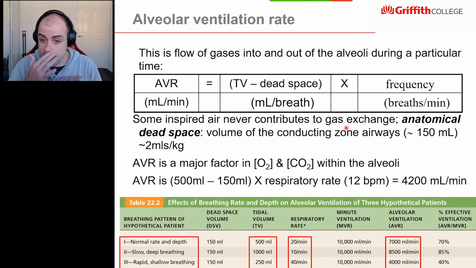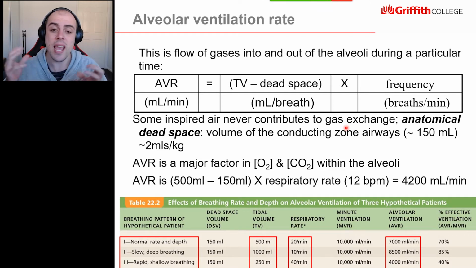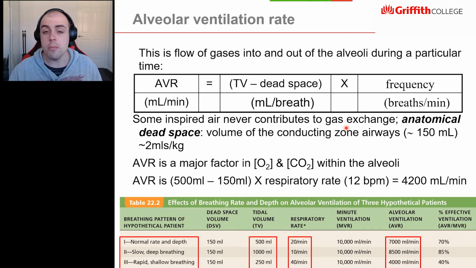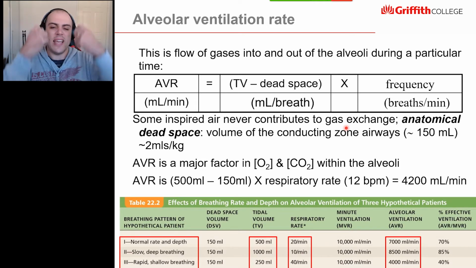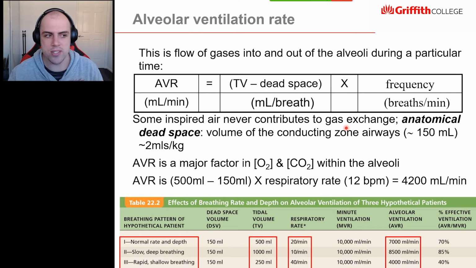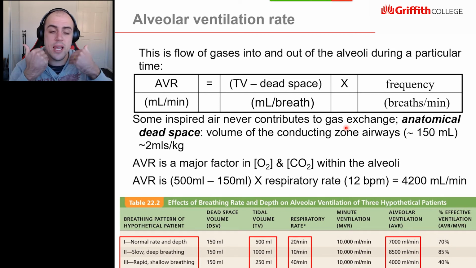Secondly, we need to take into account that we have that dead space and we also have any residual air left over in our lungs. Because when we are breathing, especially just our regular tidal volume, we are not breathing all in and then exhaling everything that we can out. So it means that when we breathe in, there's still going to be some of that old air in our lungs that we need to try and move and get rid of.